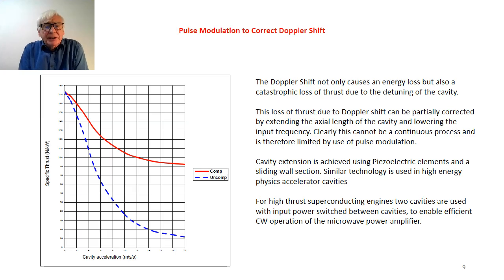And you can see that by the time you reach 20 meters per second squared, which is 2g acceleration, the uncompensated thruster simply loses virtually all its thrust, whereas the compensated thruster is improved quite dramatically in that it loses about half its thrust under maximum acceleration, but this is still a usable third generation thruster.